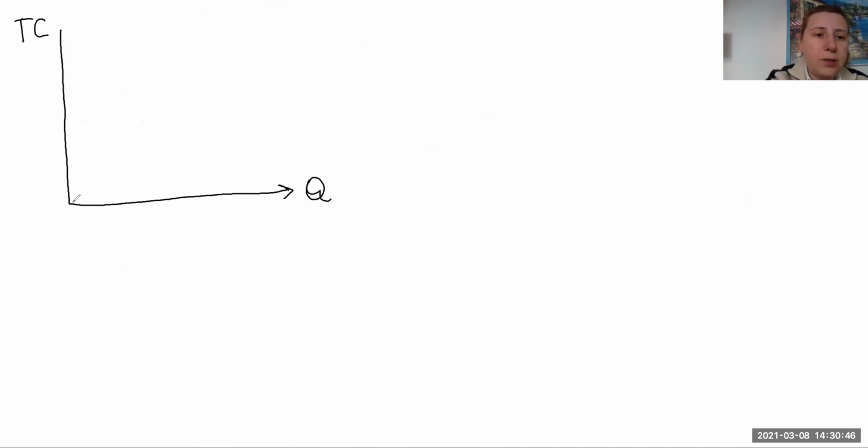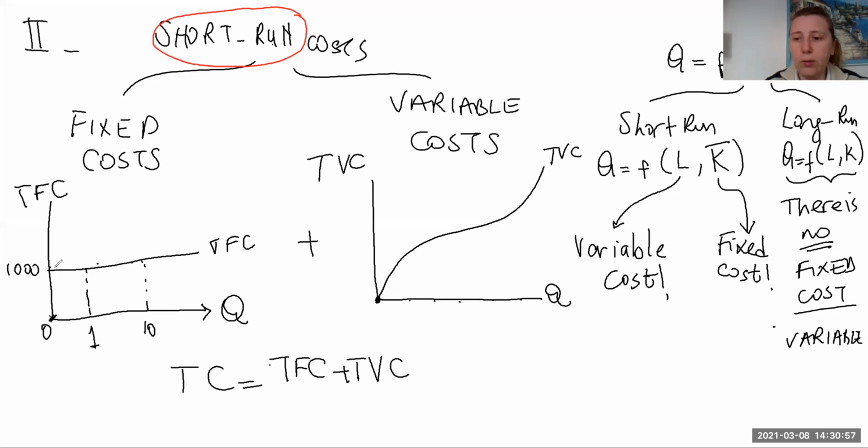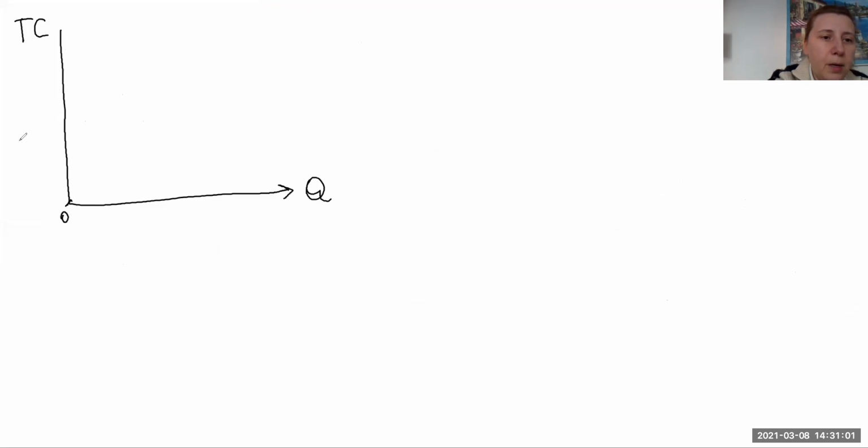Firstly, when there is no output, if Q is 0, there will be no variable cost, but we will have a fixed cost. So our total cost function will start from the total fixed cost here. And then, when the level of output increases, we will add the total variable cost to the fixed cost. Just like that.